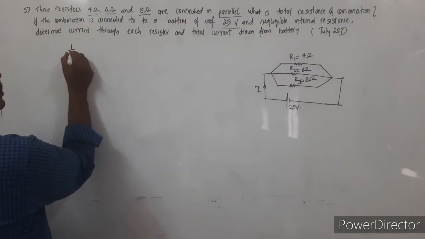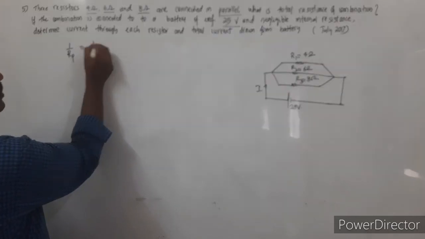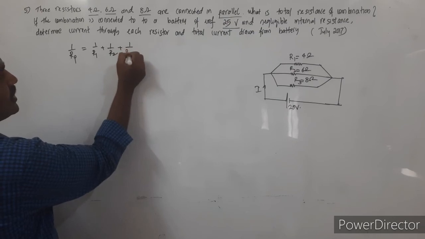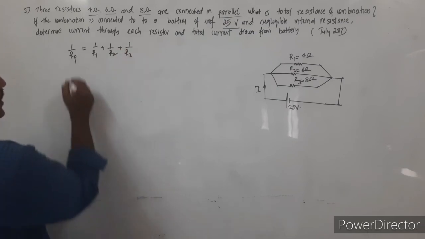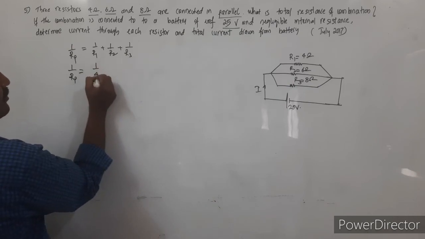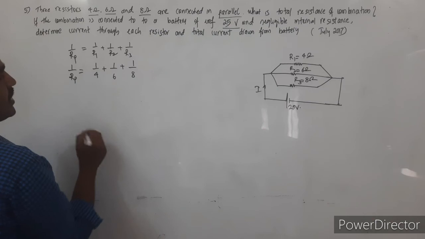The effective resistance for a parallel combination is given by 1 by Rp is equal to 1 by R1 plus 1 by R2 plus 1 divided by R3. That we shall write: 1 by Rp is equal to 1 by 4 plus 1 by 6 plus 1 divided by 8.